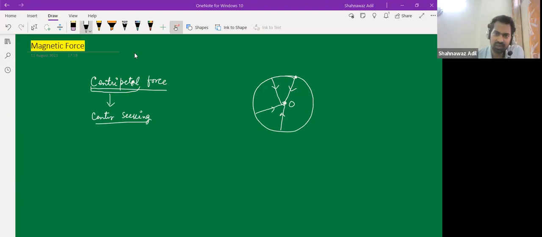Okay, so we are just talking about centripetal force, right? So centripetal means center seeking force. Force is in the direction of acceleration, so the acceleration in centripetal force is always towards the center. So this centripetal force is always towards the center, and velocity is tangential to it.